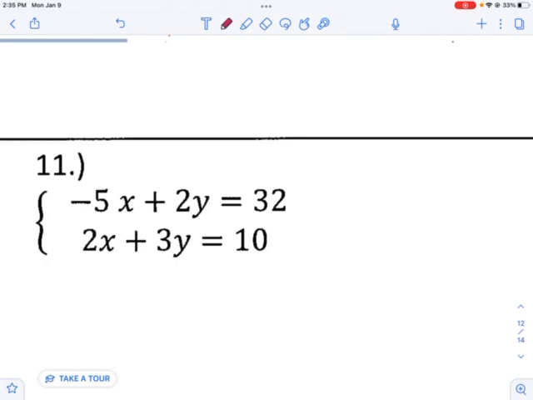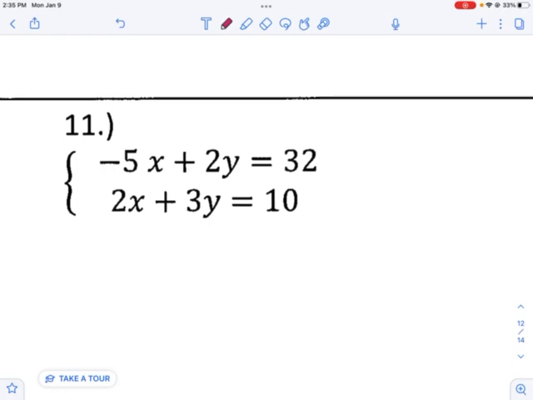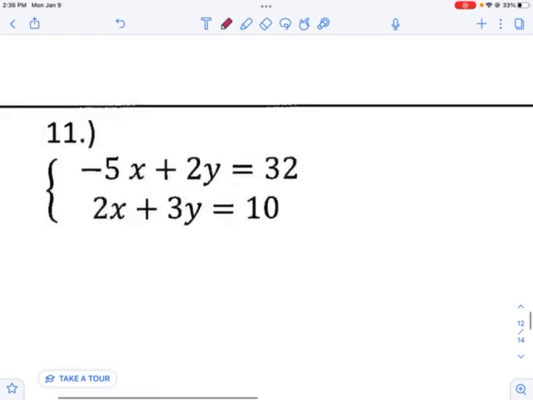So if I looked at how they're written here, I have negative 5x and 2x, 2y and 3y. Well, nothing's going to eliminate, even if I just multiply one of them. So I'm going to look at the terms, again, one being negative, one being positive. Let's think about least common multiple between 5 and 2.